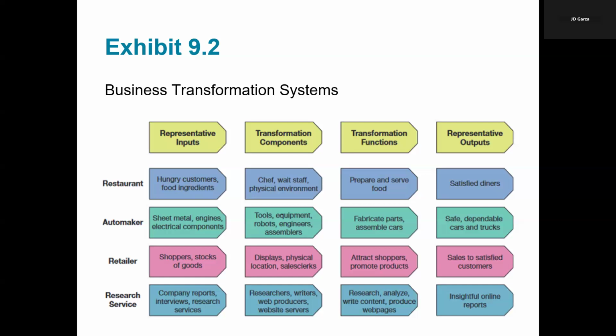On the retailer side, the output is the sales to satisfied customers, which indicates that products were successfully promoted and even sold. Now, these outputs represent the end goal of the transformation process, showcasing the value that's delivered to the customers or even the users.